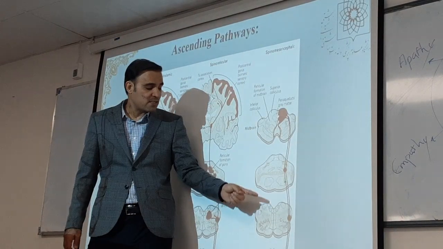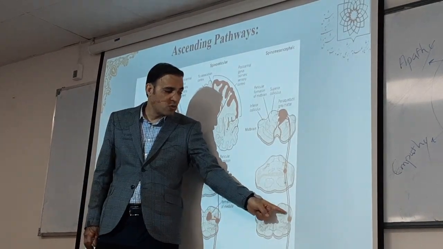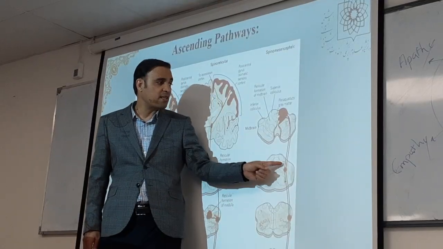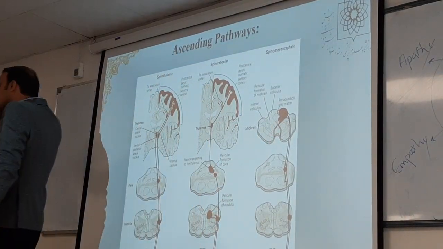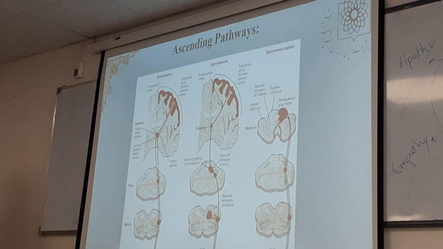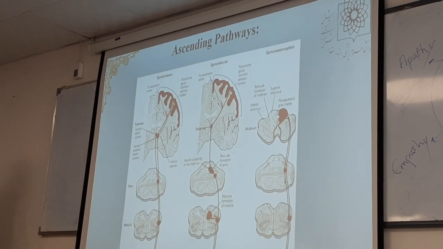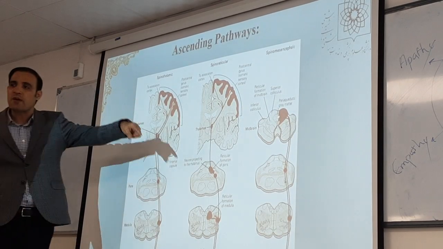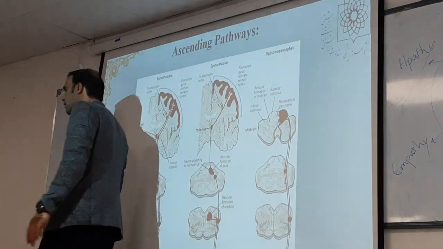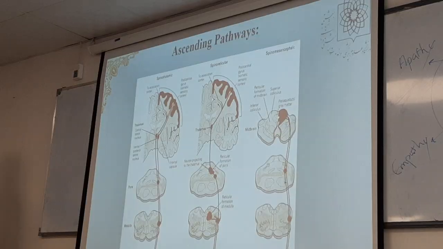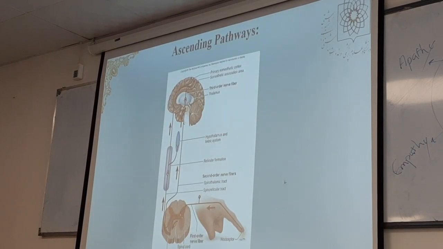About the spinomesencephalic, from the spinal cord to the medulla and then to the periaqueductal gray matter. And the periaqueductal gray matter sends the descending pathways back to the spinal cord and inhibits the pain, and makes it possible for the brain to control the pain.